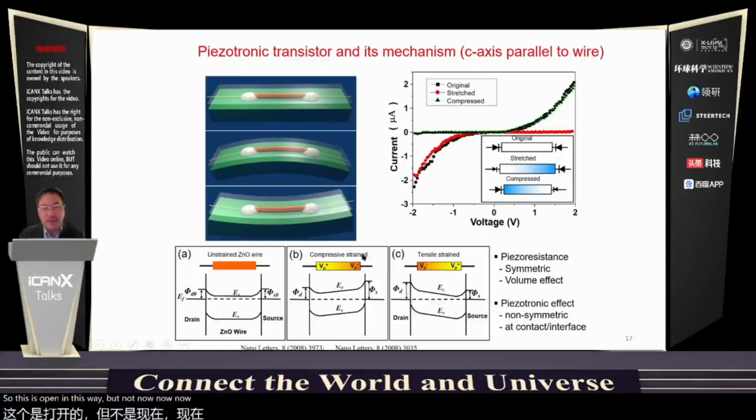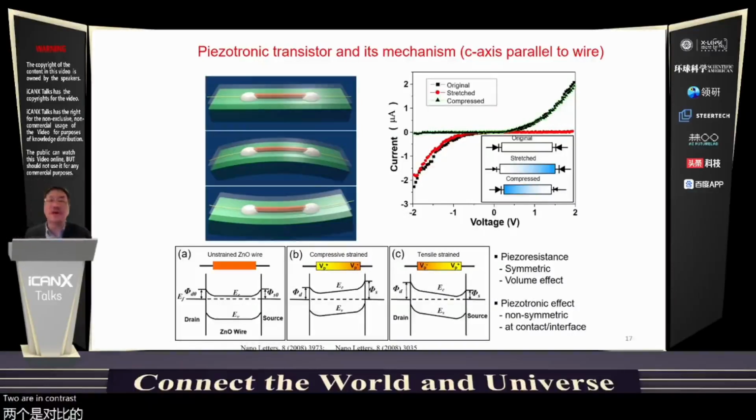Now, if you change the compressive strain to tensile strain, this side is negative charge, this is positive charge. Negative charge raises the barrier height here, lowers the barrier height here. So electrons cannot flow this way, but can flow from the other way. So this tuning is opposite to this tuning. So you can see the two are in contrast.